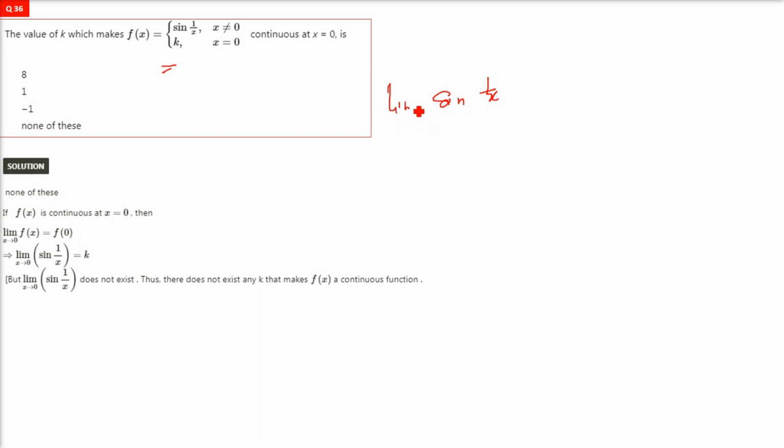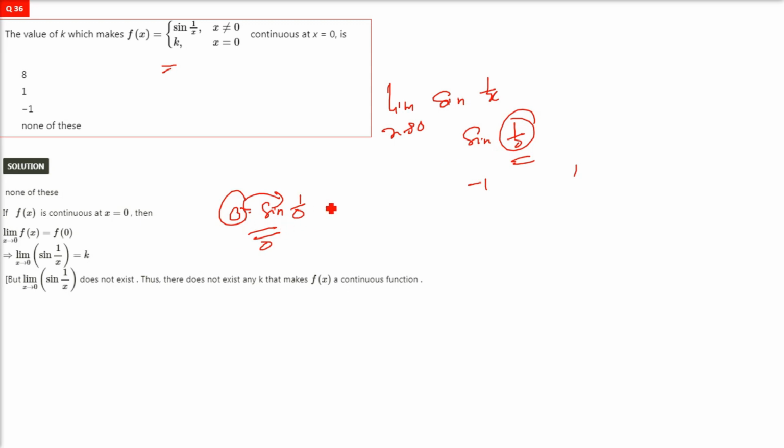But the problem here is that, as I told you, anything in the denominator with 0 is not acceptable. Whether it is inside sin, whether it is outside sin, doesn't matter. So 0 into sin 1 by 0, in the previous question we just argued that 0 multiplied by anything is 0 only. So we'll go with 0. But here it is 1 by 0 in sin only. Sin infinity, you'll get an answer between -1 and 1.